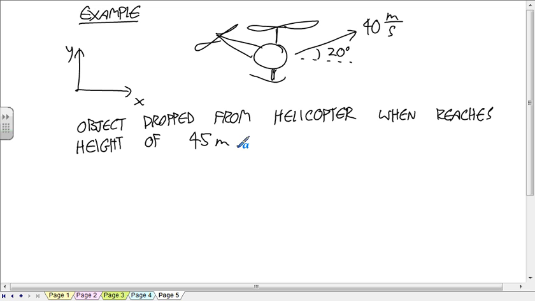So it's going to be a parabola in some way, what part of it depends on the initial conditions. But my question is, when it's dropped out of the helicopter, is it going to fall straight down?